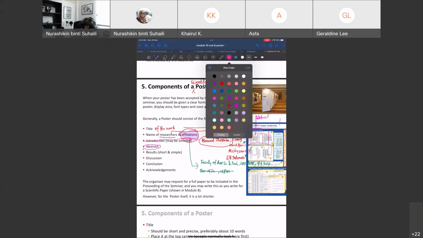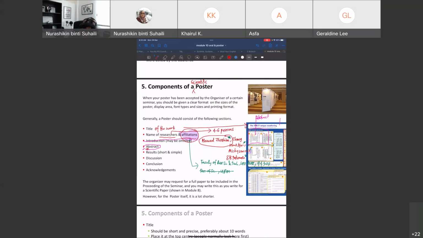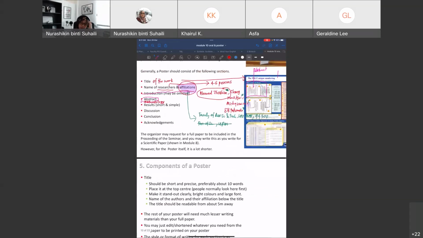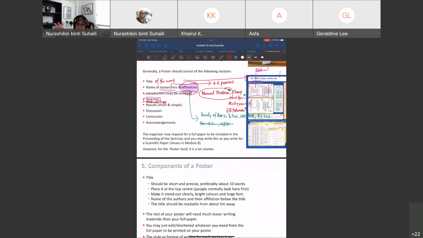The correction here, it should be methodology. So after the abstract, there should be a section for methodology, how the work is done and how you describe it.